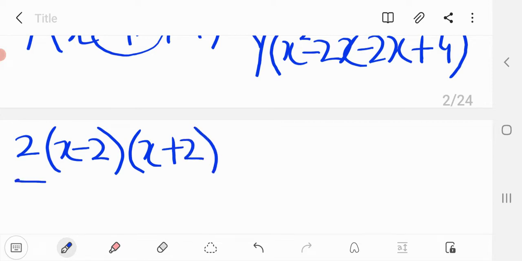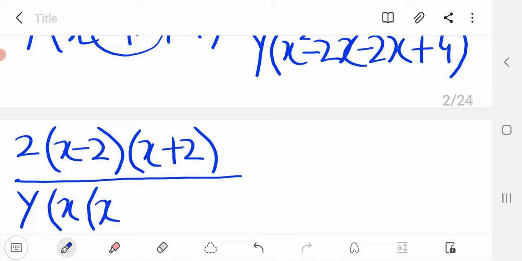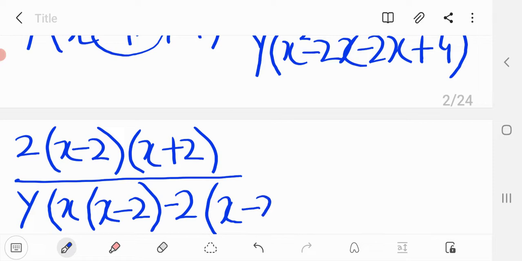divided by, write y as it is. Then in the first two terms, x square minus 2x, x is common, so the remaining will be x minus 2. In the other two terms, one is minus 2x and the other is 4. In these two, minus 2 is common, so x minus 2, because minus into minus is plus, 2 into 2 will be 4. It should be enclosed, because y is in multiplicative form with all the terms.